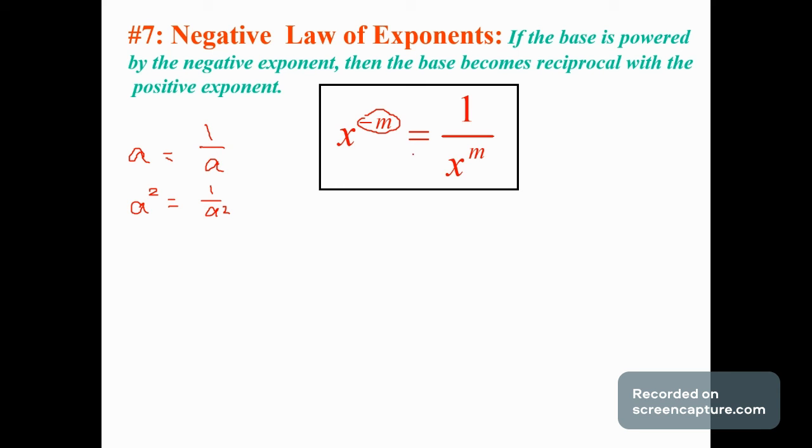Now, if we have a negative exponent, we just need to take its reciprocal and the exponent will become positive, which means if we have x to the negative 4, we will have 1 over x to the power of 4. All right?